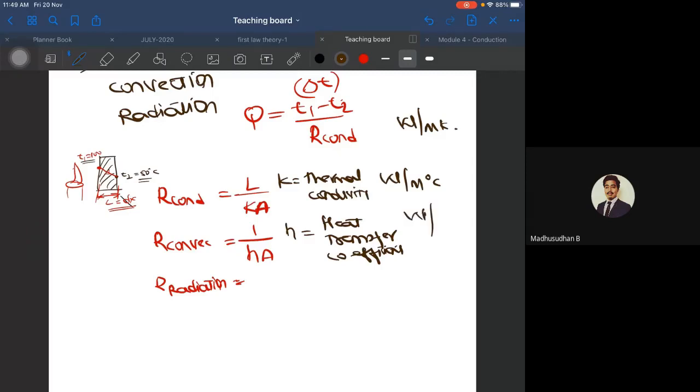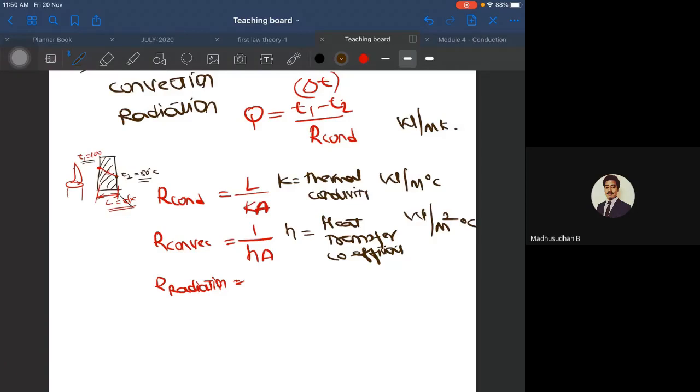Watt per meter square degree Celsius. Remember, the value of k is in watt per meter degree Celsius, only meter over there. But when you come to the heat transfer coefficient h, which governs the convection, the units are watt per meter square degree Celsius. Keep this in mind.